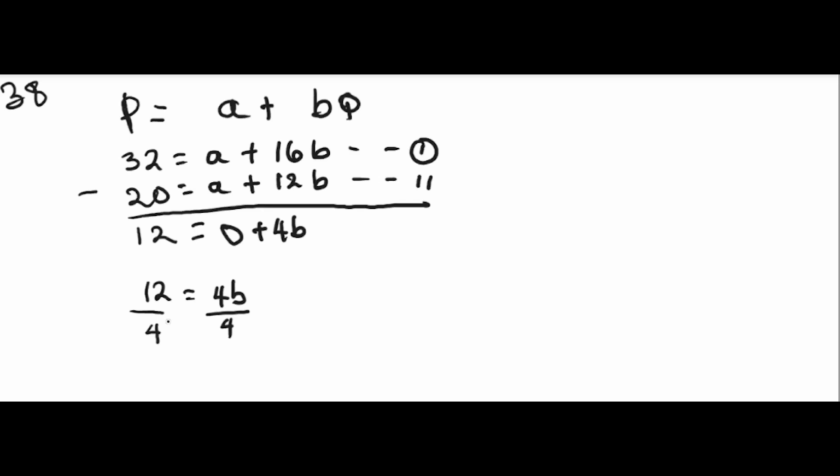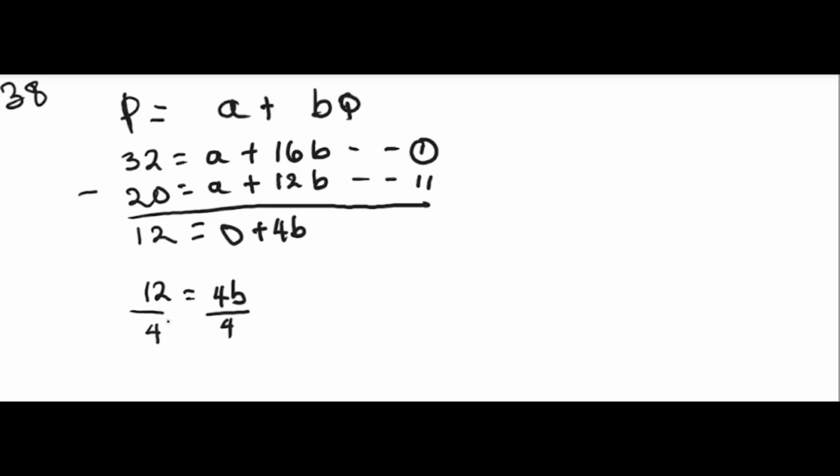So substituting into any of the equations to find A, we'll have A plus 12 times 3 to be equal to 20 is equal to A plus 36. So if we collect like terms, A is equal to 20 minus 36, and that is minus 16.